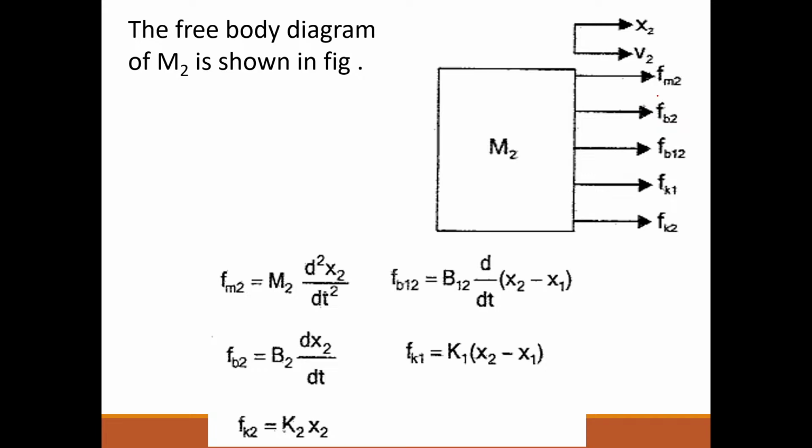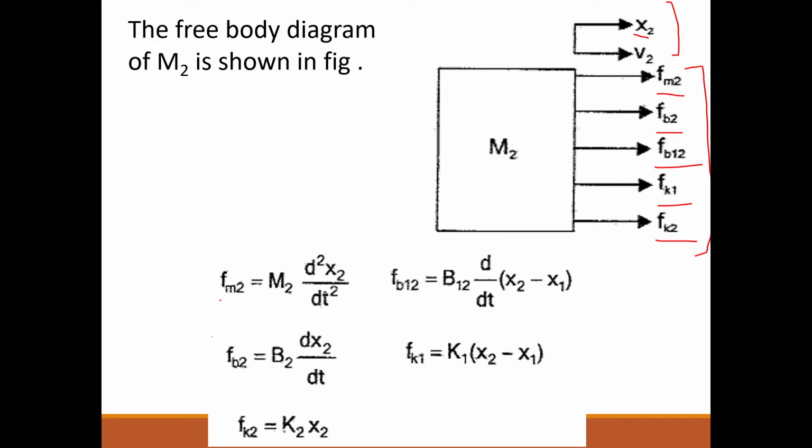The opposing forces at mass 2 are Fm2, Fb2, Fb12, Fk1 and Fk2. If you have written the question in your notes, you might know this. The displacement is x2 and the velocity is v2; you can mention them above this free body diagram. So this is the free body diagram of mass 2.